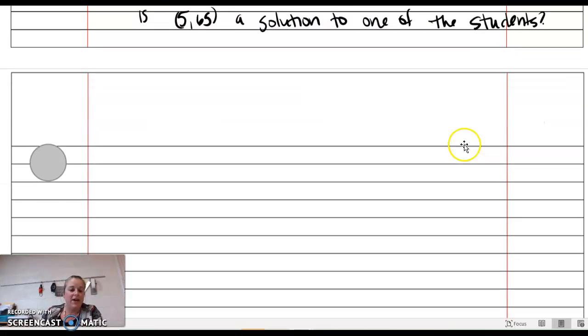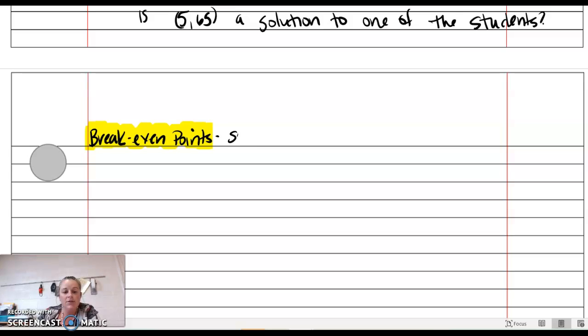But first of all, let's define point of intersection, otherwise known as break-even points. So we're going to highlight this. Okay, break-even point is the solution. And let's look at solution.